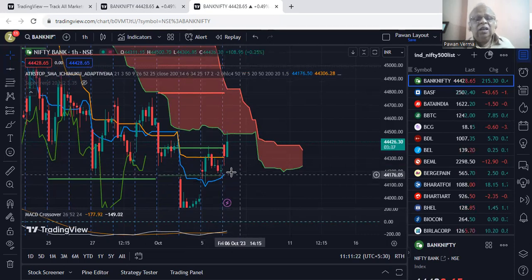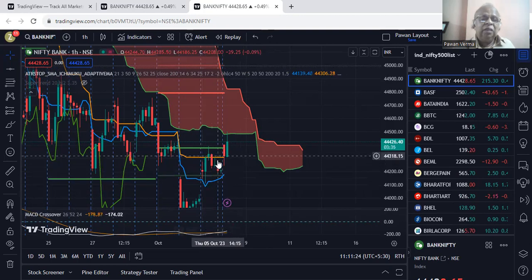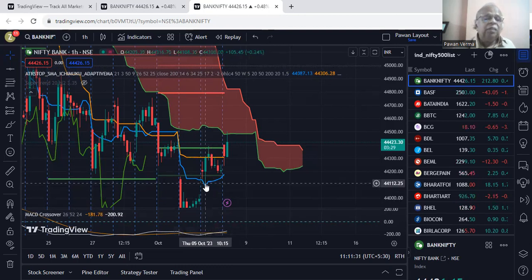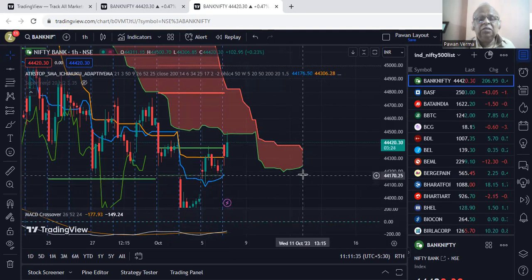Secondly, the gapping between the Tenkan and Kijun is quite high. So selling pressure has been reduced at this stage, and the confirmation is seen as the Span A is moving in the upward direction. Tenkan is also moving in the upward direction.